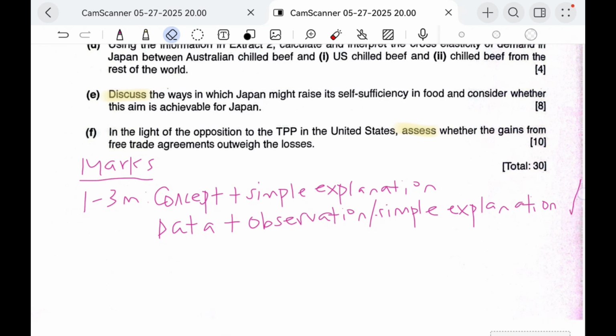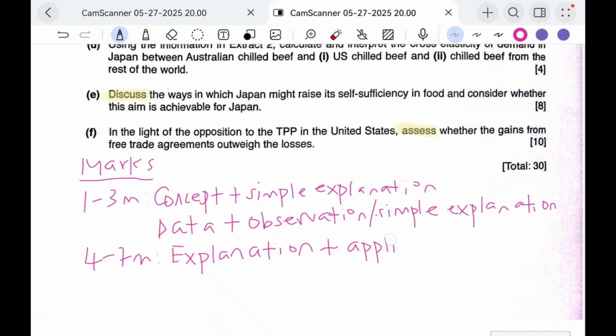Then you have the second tier, which is your 4 to 7 marks. In this case, you don't see 5, 6 or 7, you see 4. But this is a little more advanced than your first 1 to 3 mark, because this is more about your explanation and application of your content. You will likely be required to draw a graph if applicable, or use a concept to explain something.